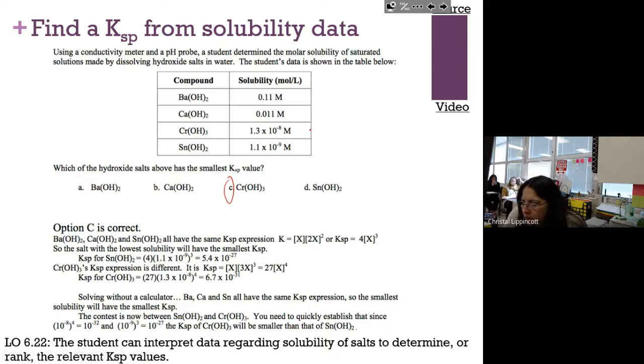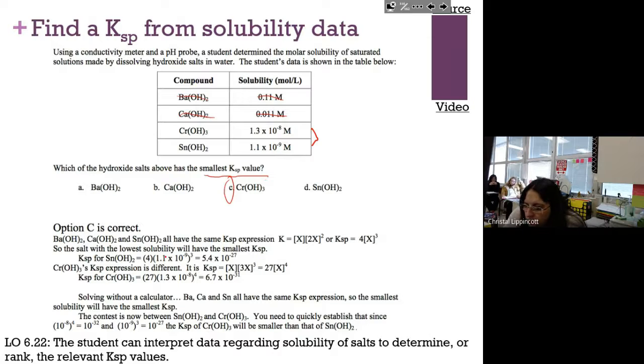So it comes down initially, if you look at these, they want to know which one has the smallest KSP value, right? So here, this is how soluble they are. So these two are automatically out because they have a pretty good solubility. Now you're running a race between these two.